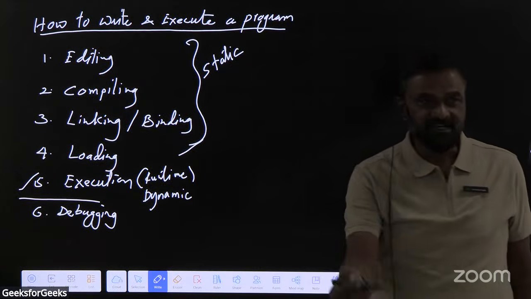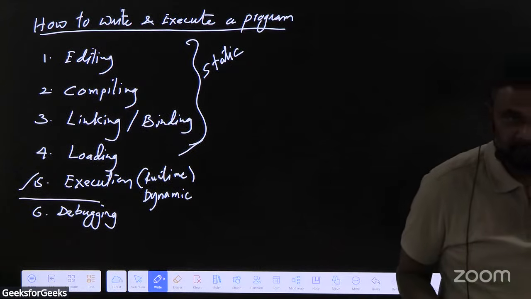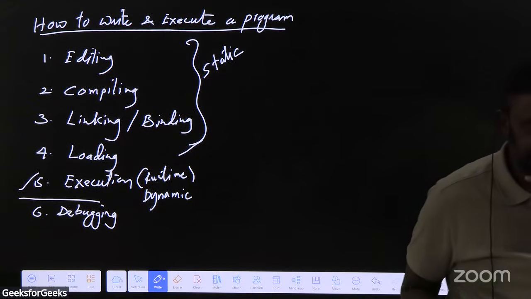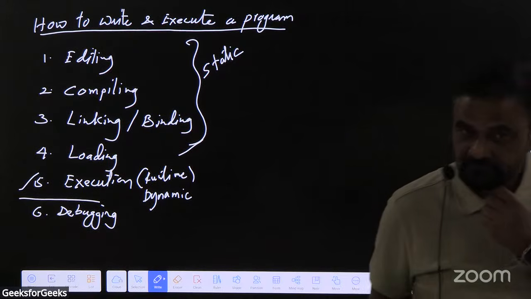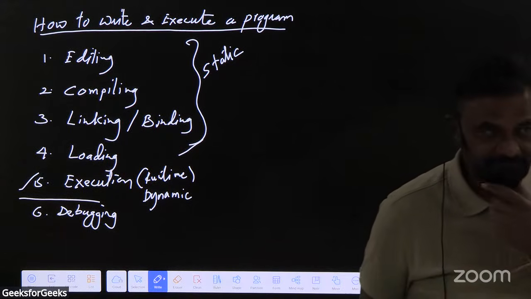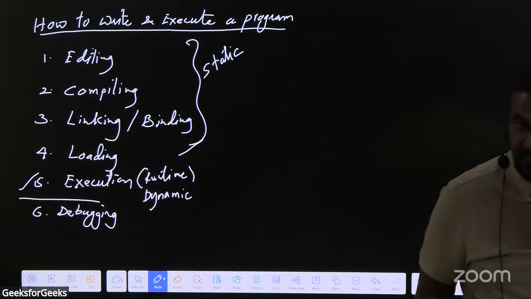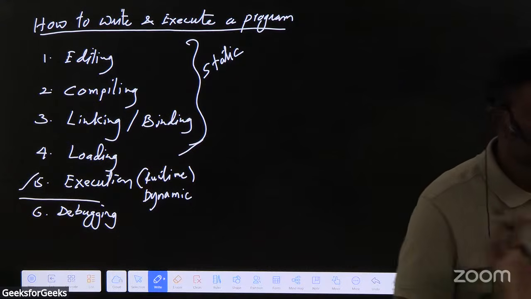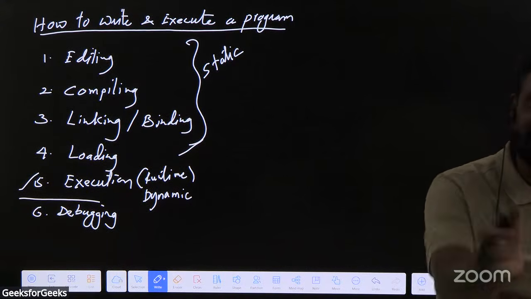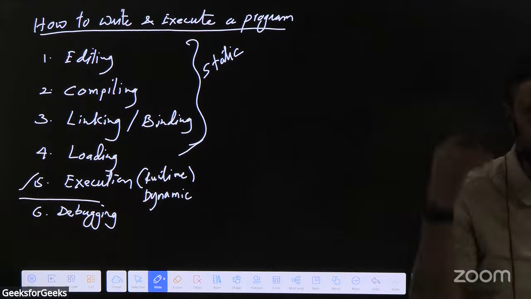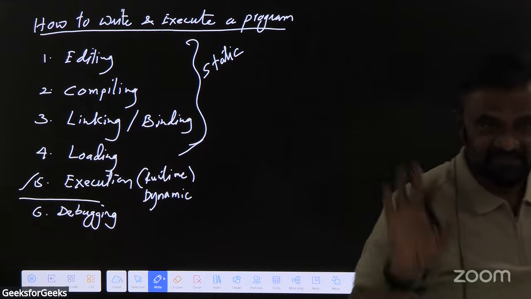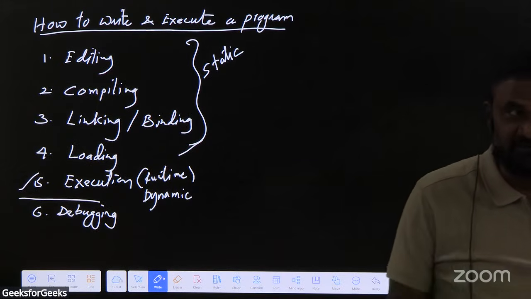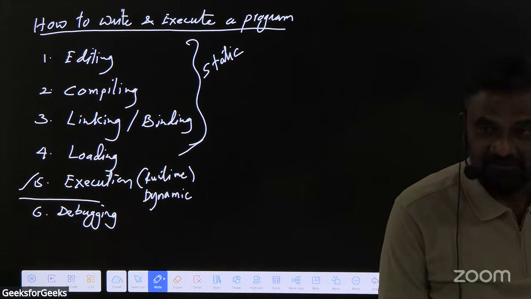What does it mean by static and dynamic? Analogy? Any real world example? Okay. Suppose you are planning for a trip. You are planning for a one-day trip. In the morning you are going to start, in the evening you are going to return. You are visiting some place. So you have planned who will be going, in which car you will be going, what you will be carrying, food items and other things.